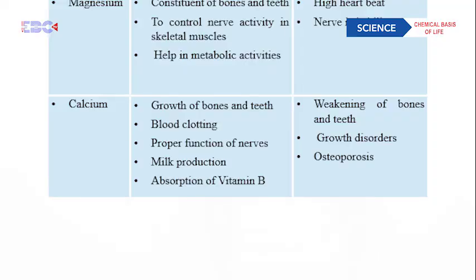Then the next element is calcium. Its functions are growth of bones and teeth, and it helps in blood clotting and for the proper function of nerves. Then milk production, and the absorption of vitamin B, right? So these are some functions of the calcium element, right?